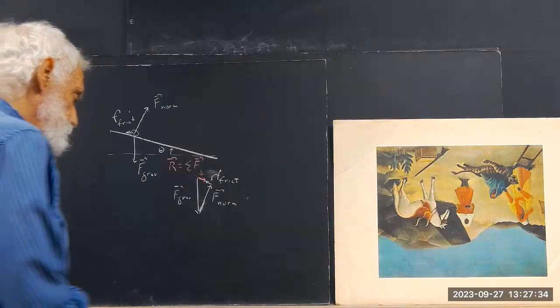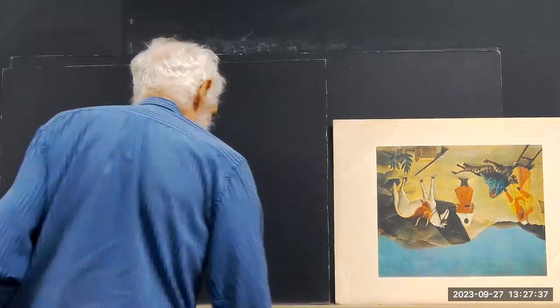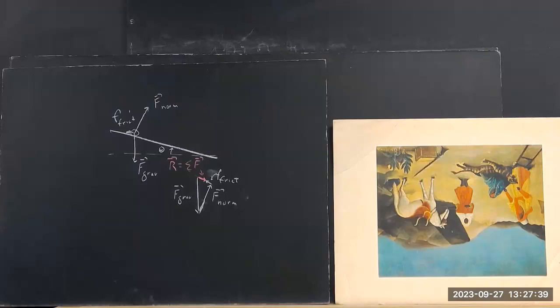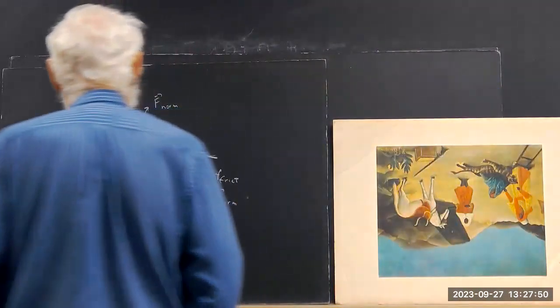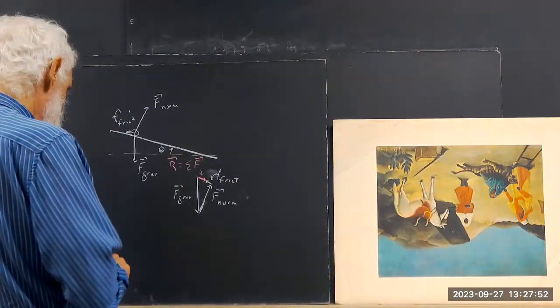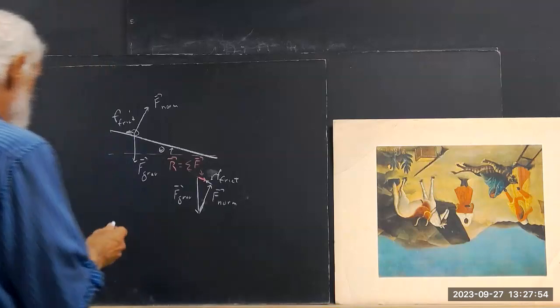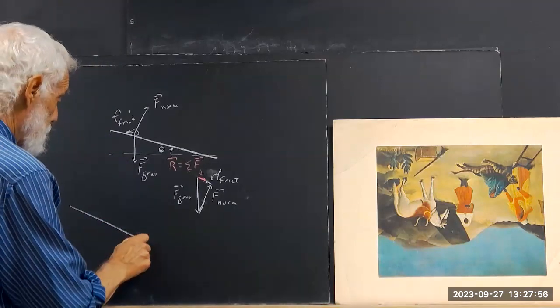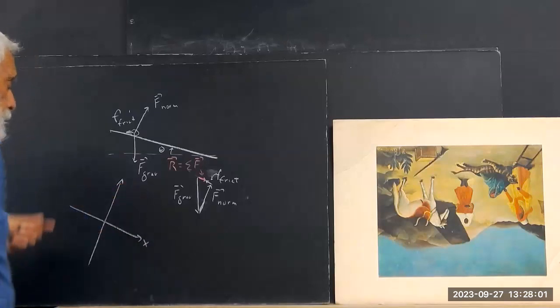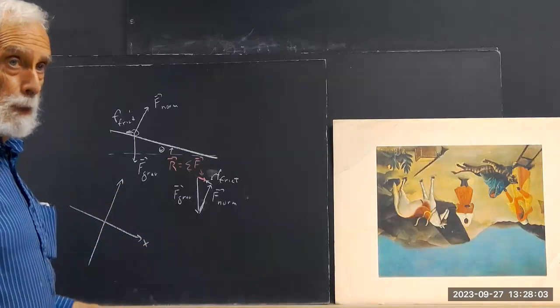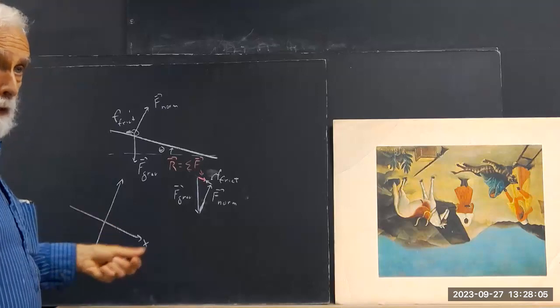Well, let's look at the component picture here. If I sketch a set of X and Y coordinate axes, my X axis is going to want to be parallel to the incline because I don't want to have to analyze the motion in both X and Y directions.